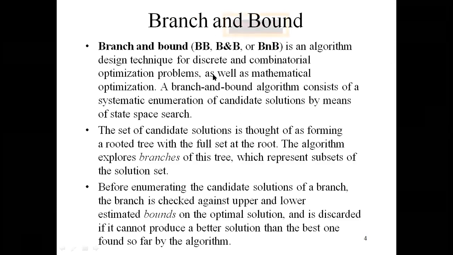First of all, you should know what is branch and bound, what are the definition, concept, and all these things. So branch and bound, we are saying BB or B and B simply. So what is a branch and what is a bound?